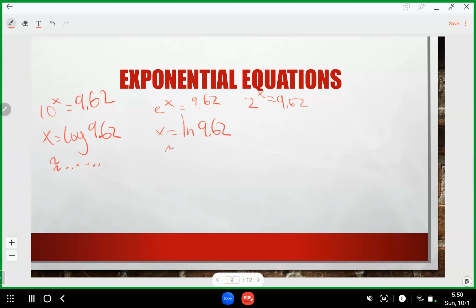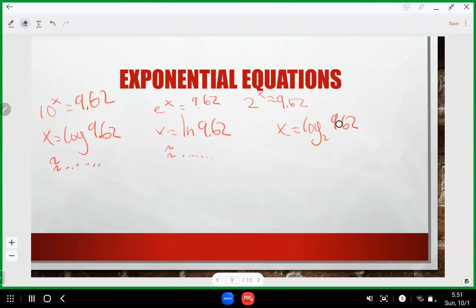This one will be x equals log base 2 of 9.62. You can't actually do it this way because you can't find log base 2 on your calculator unless you have a graphing calculator. And even with a graphing calculator, it's very difficult and tedious every time. So instead, you want to convert everything into log and natural log.